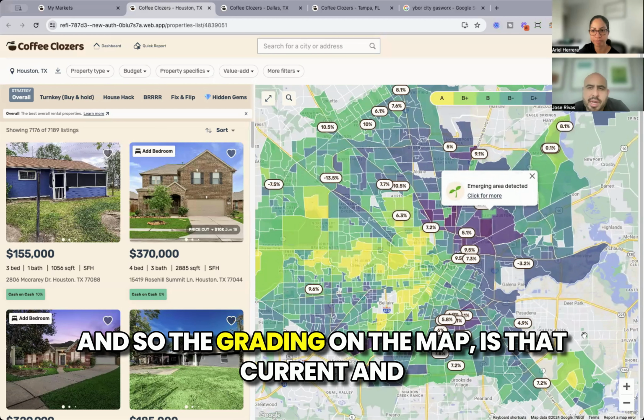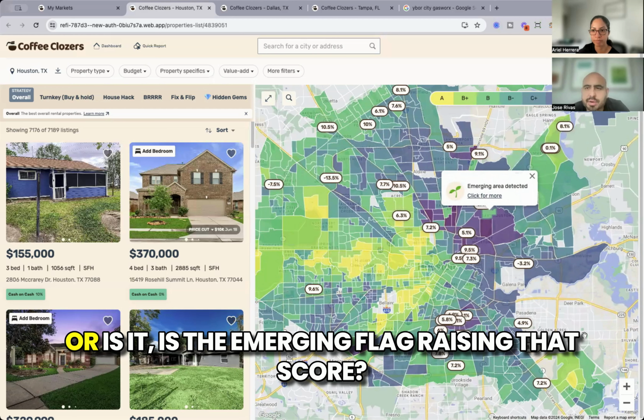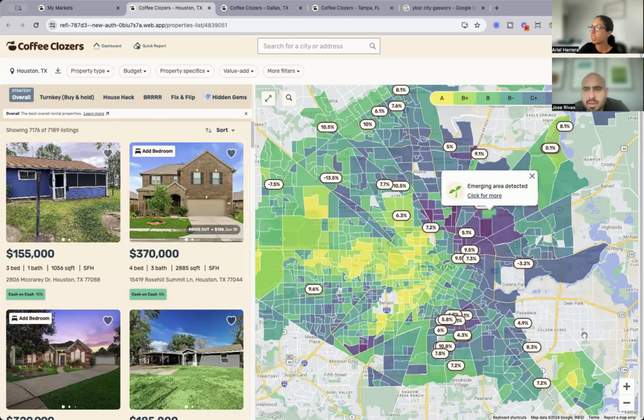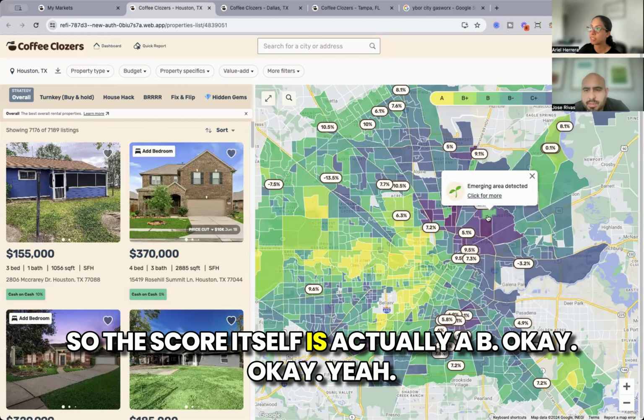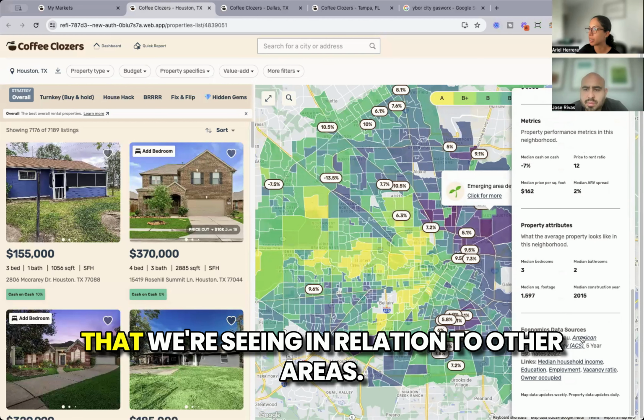Right. And so the grading on the map, is that current, and you're just tagging that as it may go up in grading, or is the emerging flag raising that score? Yeah, so the score itself is actually a B, based more on the market data that we're seeing in relation to other areas.